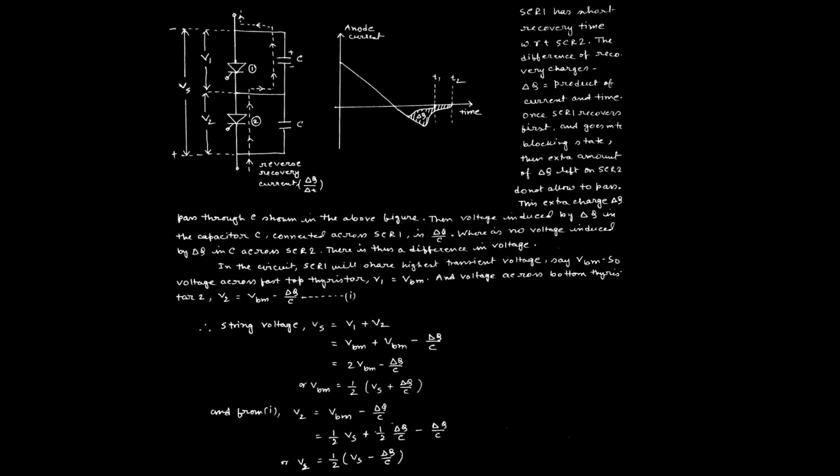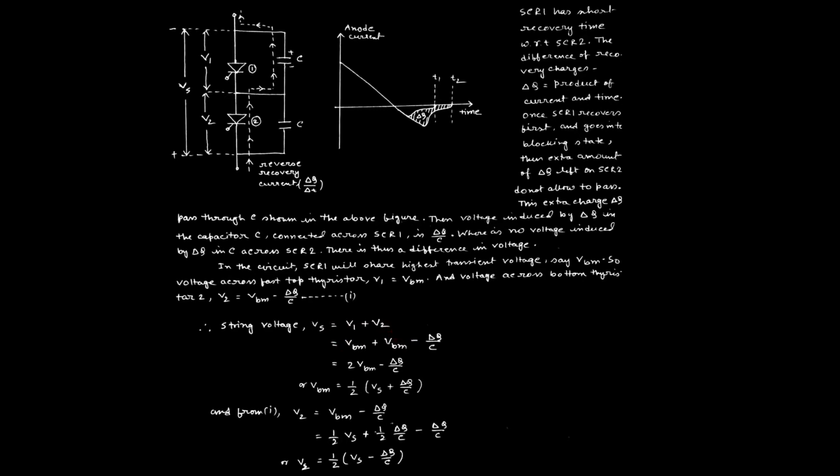Okay, so we can say in this circuit SCR1 will share the highest transient voltage, say VBM. So the voltage across the top SCR, V1, equals VBM, just assume, and the voltage across SCR2, V2, equals VBM minus del Q by C. So we can write the expression of the total string voltage Vs, that is V1 plus V2.